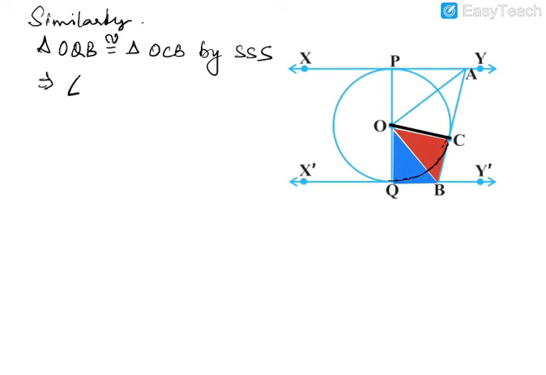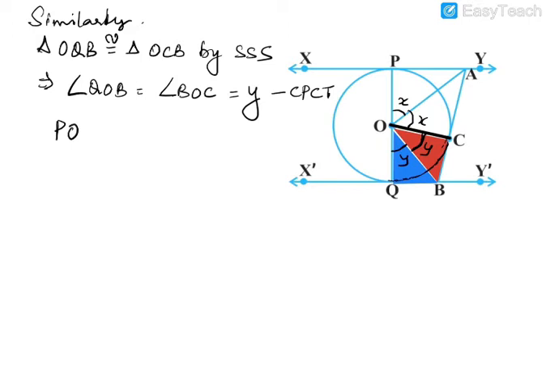So this implies angle QOB will be equal to angle BOC, as they are corresponding parts of congruent triangles. So let's label them as Y each. So these angles are X and these are Y.